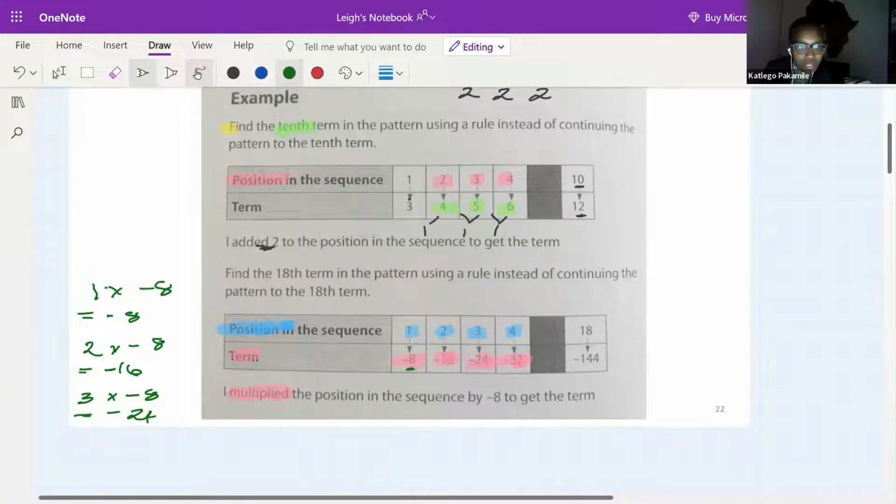Term number 5 would be 5 times -8, which is -40. So Manda, are you ready? What's term number 10? Okay, Patson. Is it -80? It is, right? Because we say position number 10 multiplied by -8, which is -80.